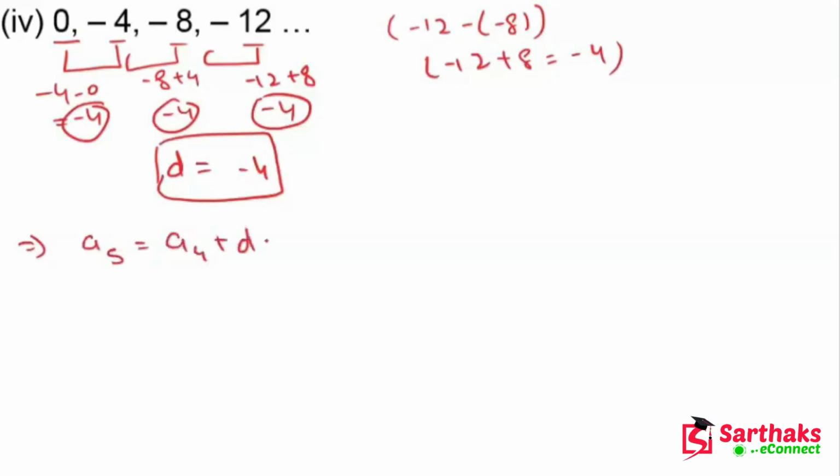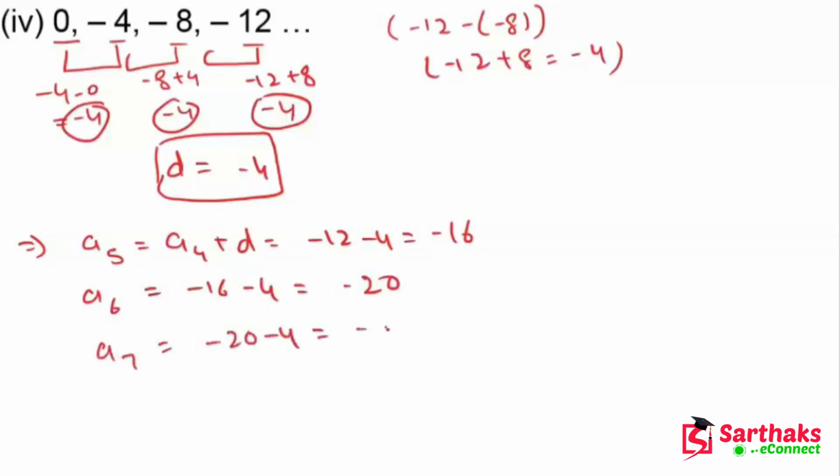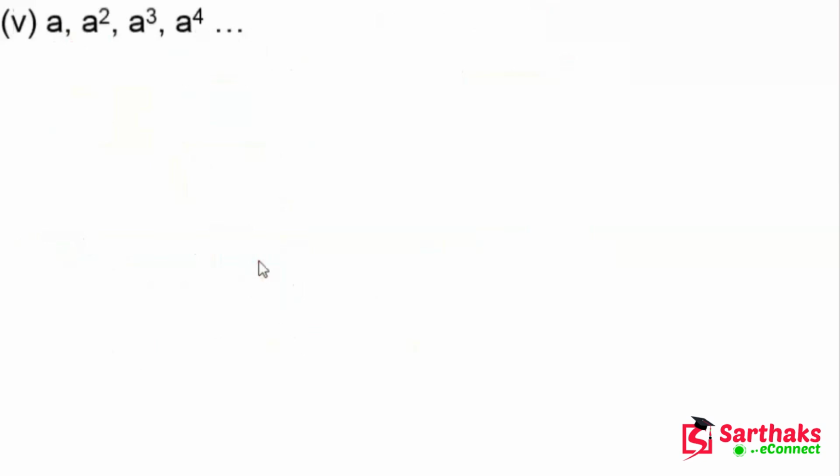A4 plus D, which is equal to minus 12 minus 4, which is minus 16. And A6 is equal to minus 16 minus 4, we get minus 20. And A7 we can write as minus 20 minus 4, we get minus 24. So this is our answer. I hope you understood these things. Now again let's move on.